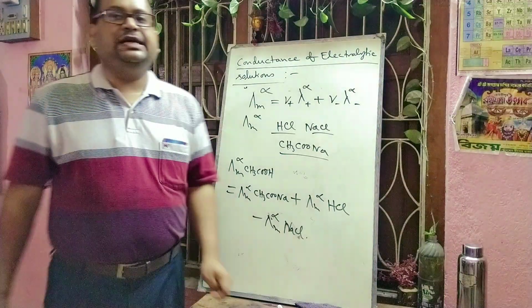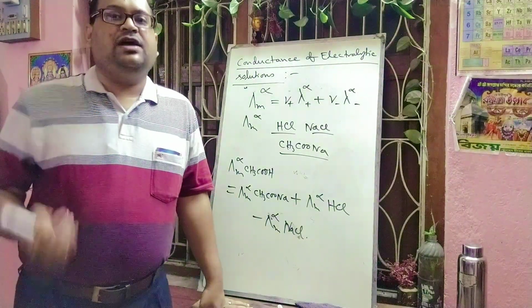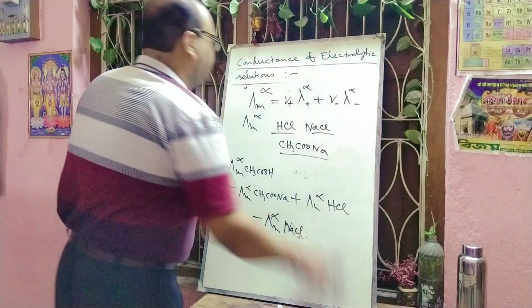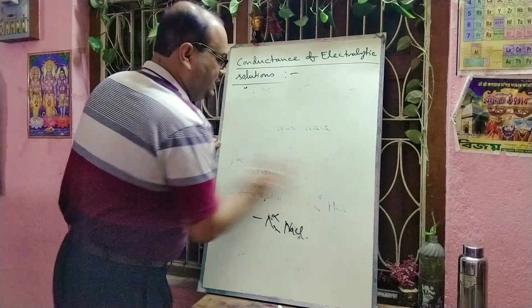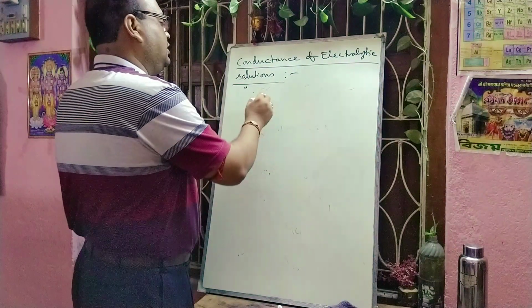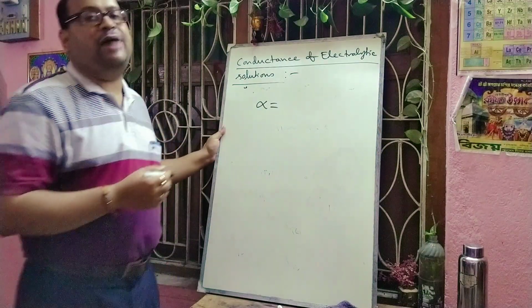And next another application we will discuss, that is calculation of degree of dissociation for weak electrolyte. So here the formula we can apply, the degree of dissociation is generally represented by alpha. So we can calculate the value of alpha also.